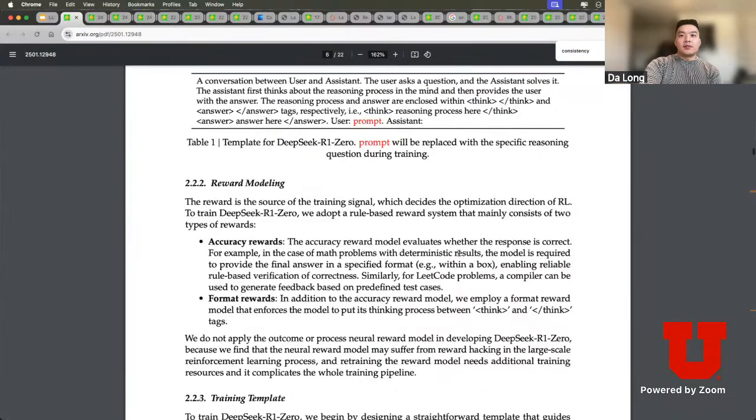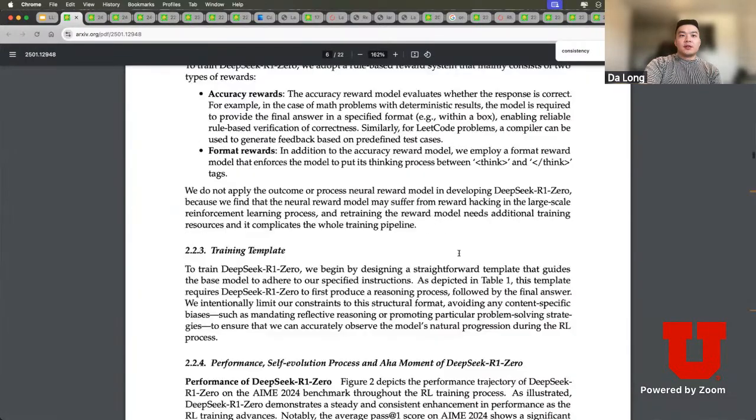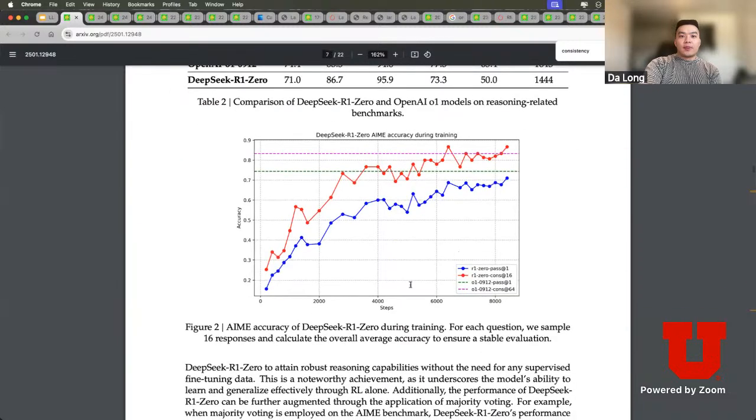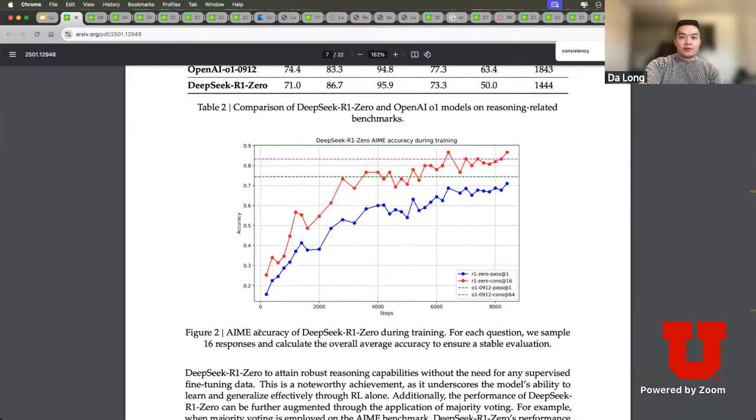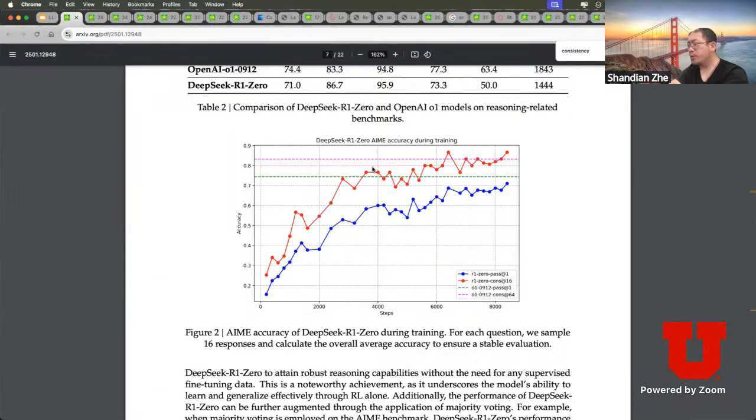In these experiments, you can see this is the accuracy of DeepSeek R1-Zero, purely reinforcement learning without supervision. You can already see the performance improve with more training steps. I think this is a math data set. Okay, so purely reinforcement learning, what does it mean? It means like PPO?